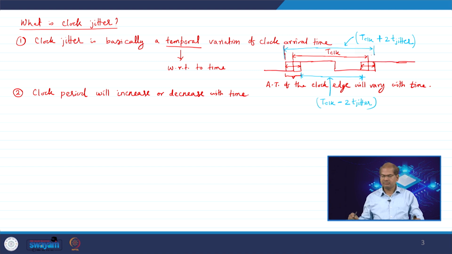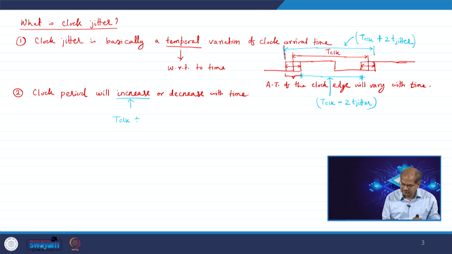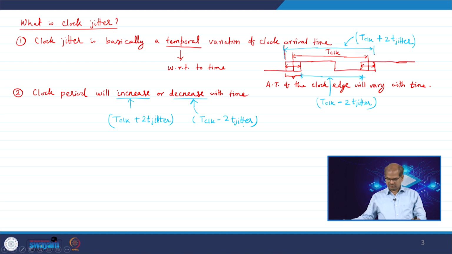Because of the jitter, my clock period can increase, meaning T clock plus 2 T jitter, or decrease, meaning T clock minus 2 T jitter. So, this will definitely impact the performance of our design, and we need to consider the worst case.